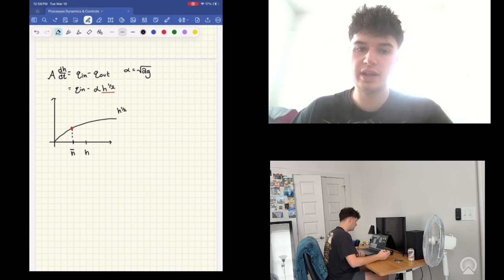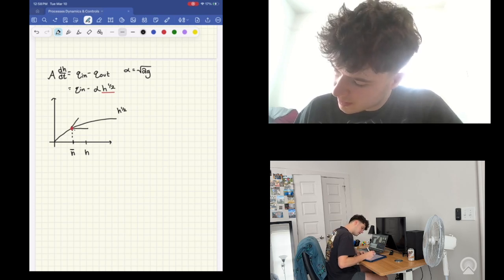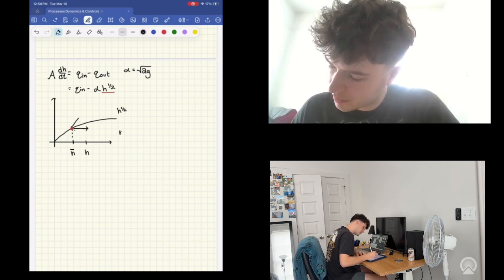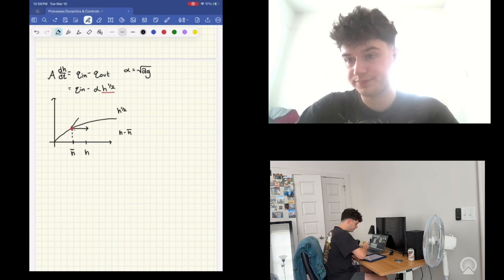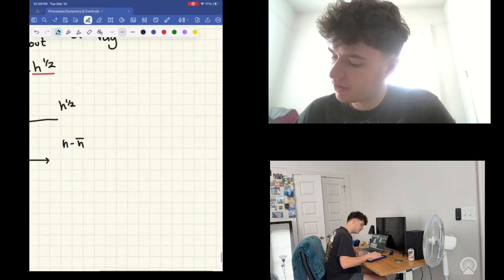And now from here we're going to need to actually find the slope. So we're going to go like this, and then from here we arrive at the equation h minus h bar. And so now we can finally rewrite our h to the 1/2 equation.